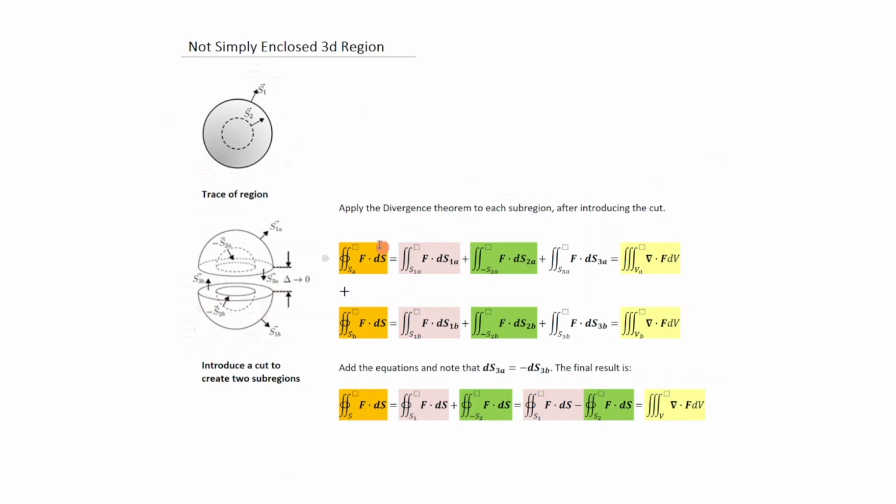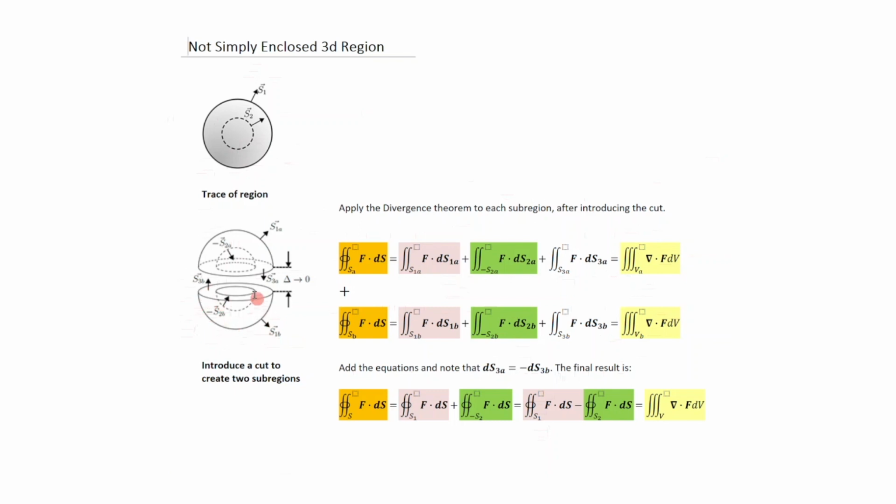All right, so what we do is we apply the divergence theorem to each sub-region after introducing the cut. And so for the top, this is the divergence theorem for the top part, and this is the divergence theorem for the bottom part. Now we add these two equations together, and you realize that dS3A is equal to minus dS3B.